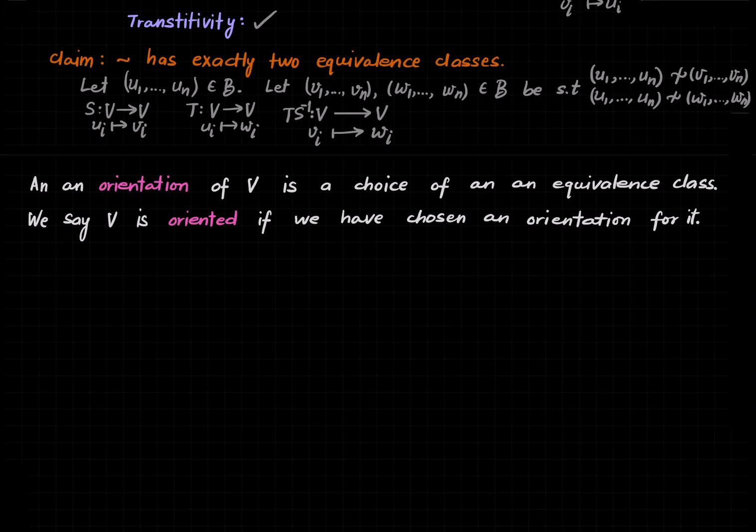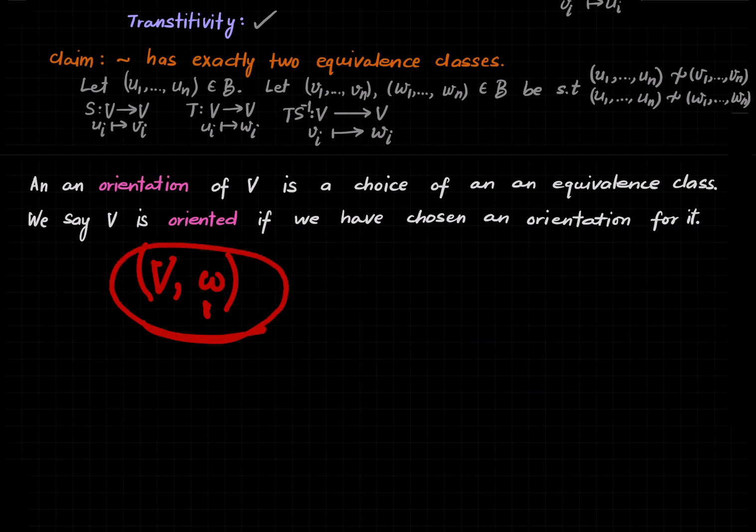Stating this more formally, an oriented vector space V is a real vector space V along with some omega, where omega is an orientation on V. So an oriented vector space is a pair where V is some real vector space and omega is an orientation on it.